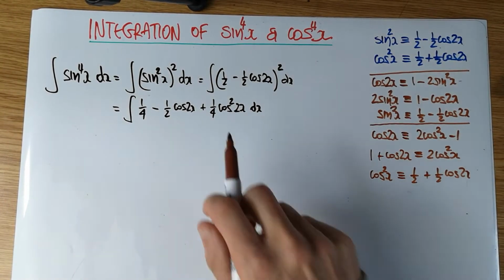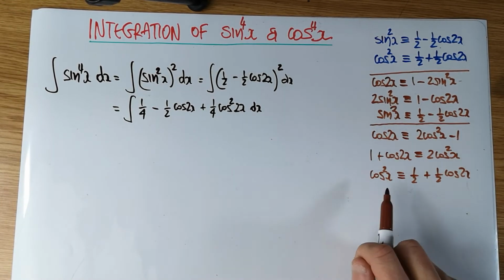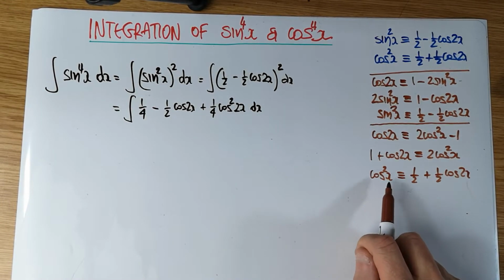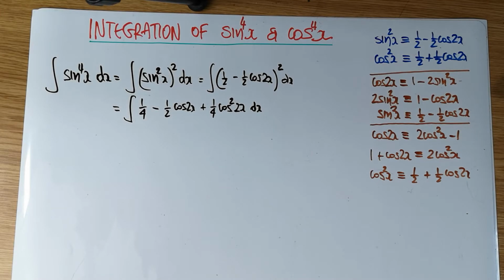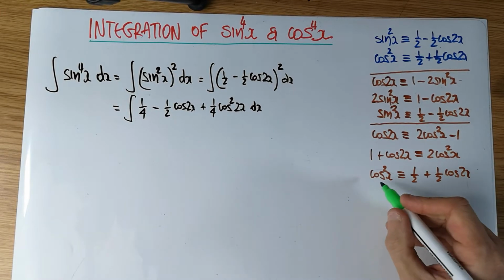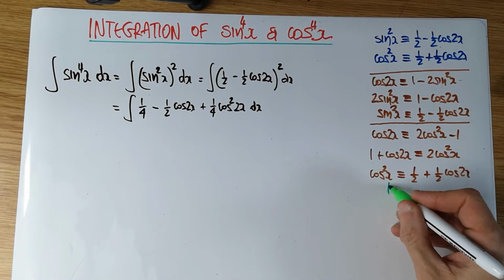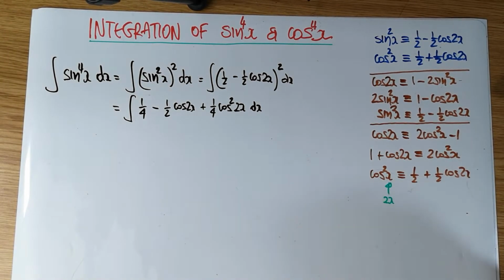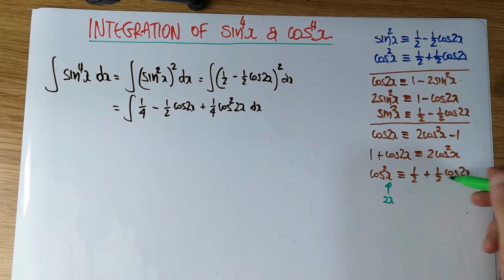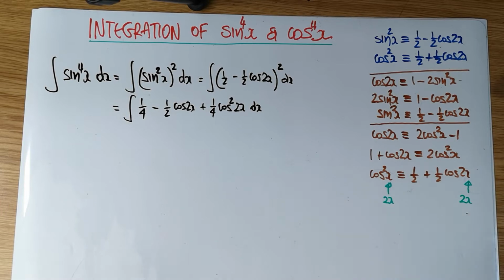Okay, but here we have to be careful. We don't have cos squared of x, we have cos squared of 2x. So does the identity change? Well, this identity says the cos squared of x. If we replace now the x here for 2x, we have to do that everywhere within the identity. So just the x here needs to be replaced by 2x.